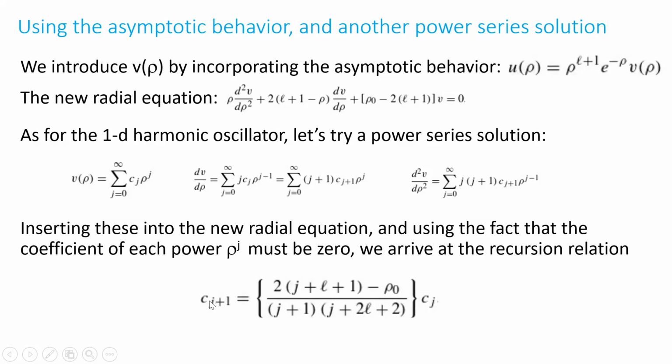And then once we know c1, we plug it in here, plug in the appropriate values, and we get c2. So this determines all the coefficients c_j given c0. Okay, so that's the recursion relation that comes out of the power series solution. And we had something similar for the harmonic oscillator, although it was a different recursion relation, since that's a different system with a different potential.